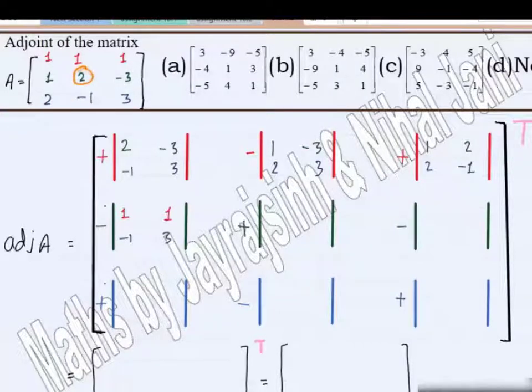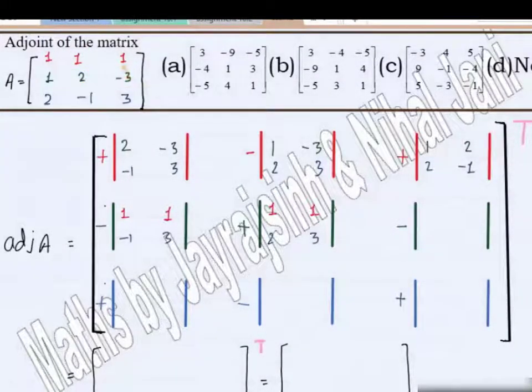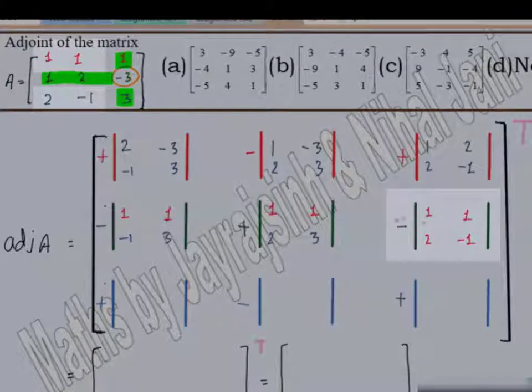We have to select the element at A22 and ignore the second row, second column. We'll get 1, 1, 2, 3. Then the last element of the second row should be selected and its cofactor will be minus 1, 1, 2, minus 1.